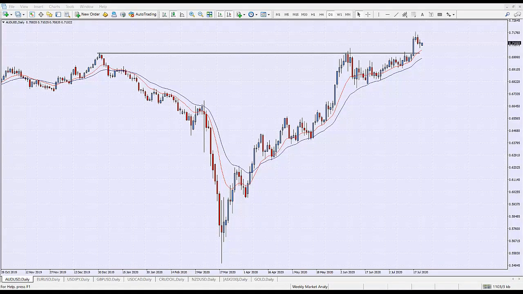Okay, let's get started, and we'll start off things this week with the Aussie US dollar. I'm looking at a daily chart here. As you recall, last week I had drawn in this top level of what I thought could be a possible resistance, and we were looking for opportunities to trade into this direction.